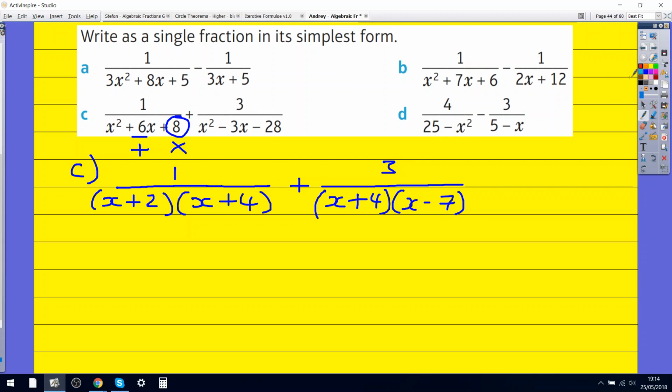Yes. And so what would you get? Okay, so on the left it would be x minus 7 over x plus 4. Anything else? So you multiplied the top by x minus 7? Yeah. And so what else? What do you have to multiply the bottom by?